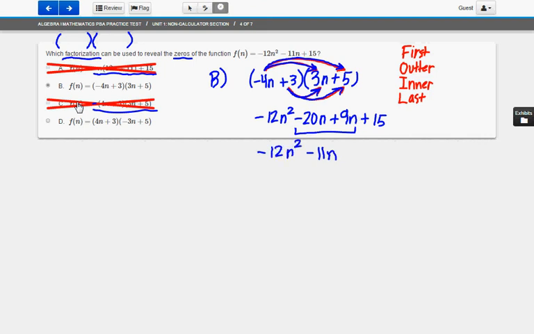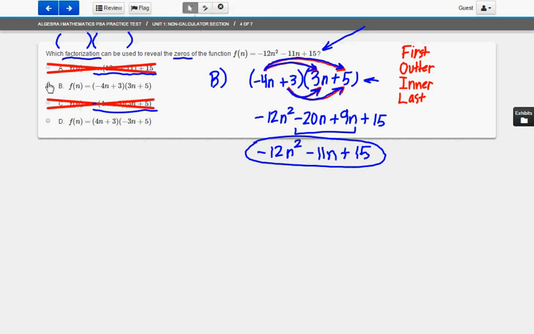And so when we write the whole thing out, we have negative 12n squared minus 11n plus 15, which is exactly what we're looking for the product to be. This is the factorization of negative 12n squared minus 11n plus 15.